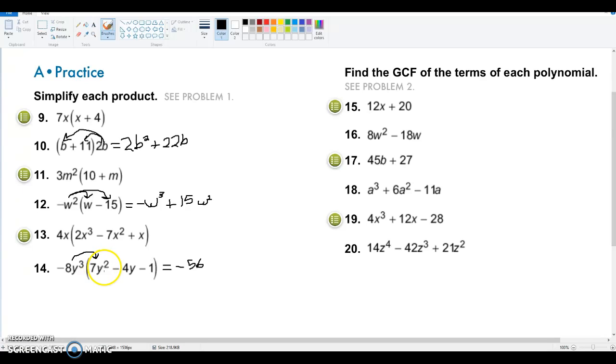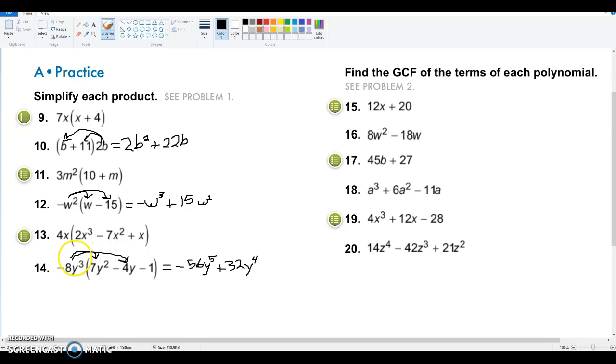Y squared times y cubed, add the exponents. 3 plus 2 is 5. That's y to the 5th. And we go negative 8y cubed times negative 4y. Negative times negative makes that a plus. 4 times 8 is 32. We have a y cubed times a y. Add our exponents. 3 plus 1 makes 4, so that's y to the 4th.